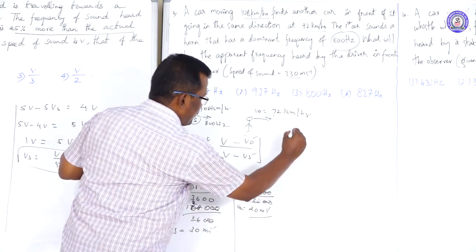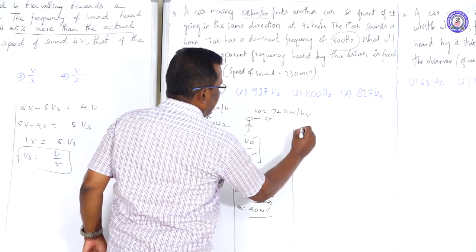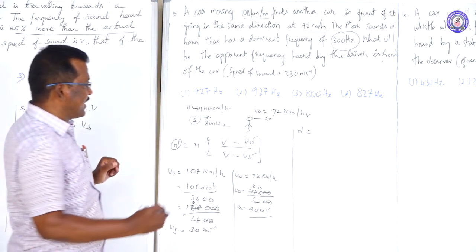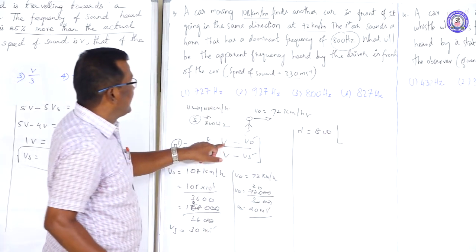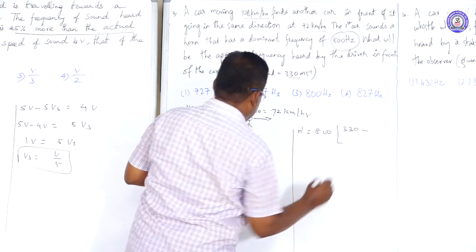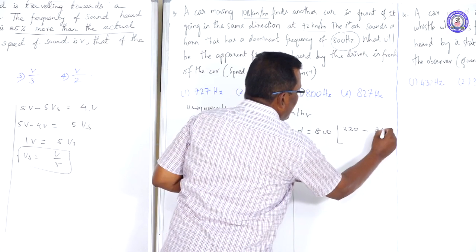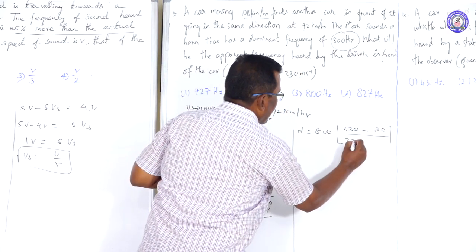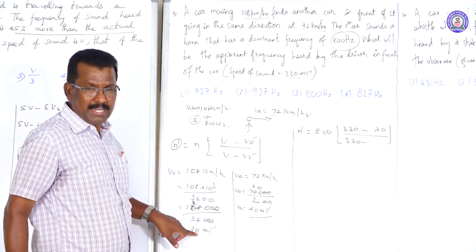Now substitute. N prime is equal to n, which is the frequency emitted by the first car, 800 hertz, times v, 330, minus VO, 20, divided by v, 330, minus VS, 30 meters per second.